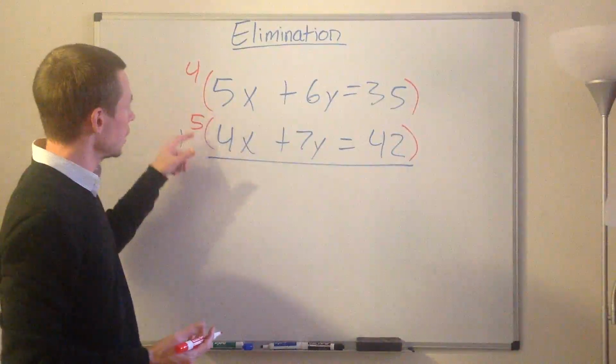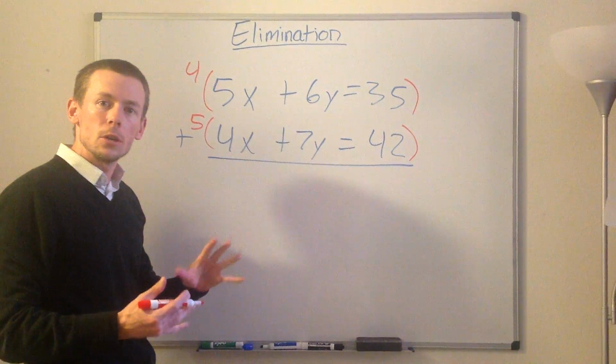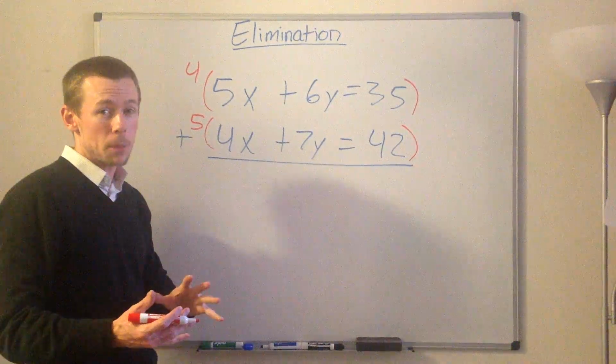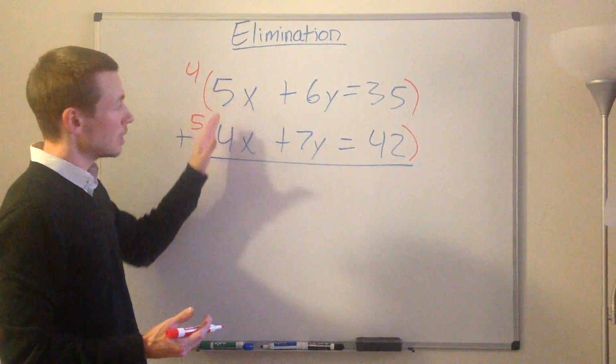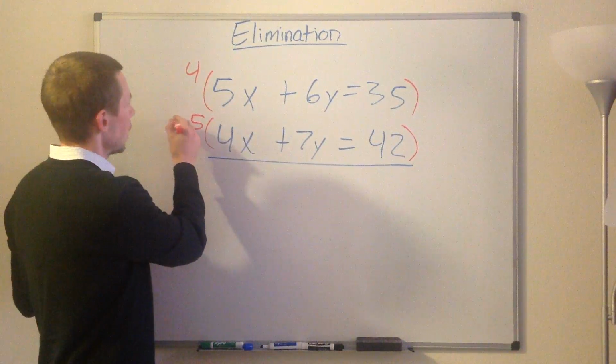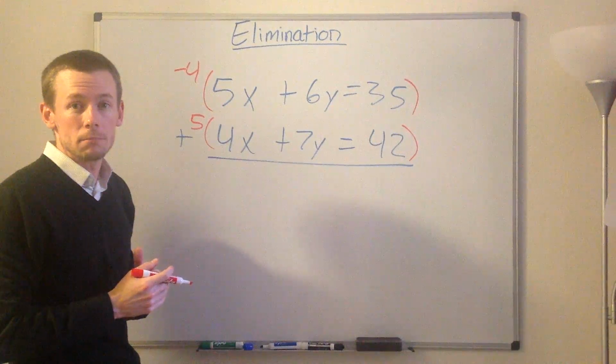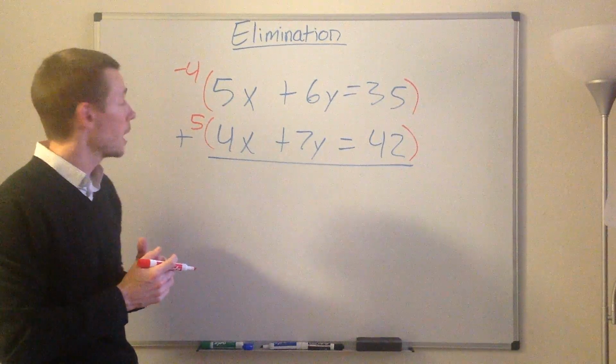They both be 20x. Then the only thing that we need to make sure we do is make sure one is negative and one is positive. It doesn't matter which one we do, so I might pick this one at the top. Maybe 4 is a lower number than 5, but it doesn't really matter.